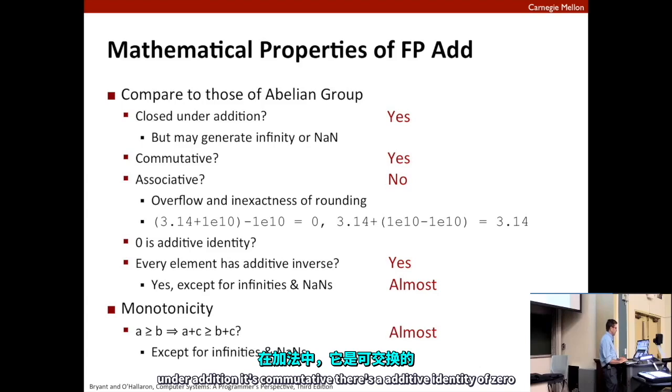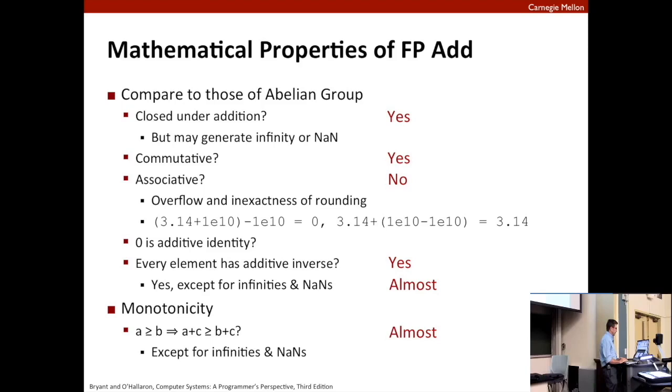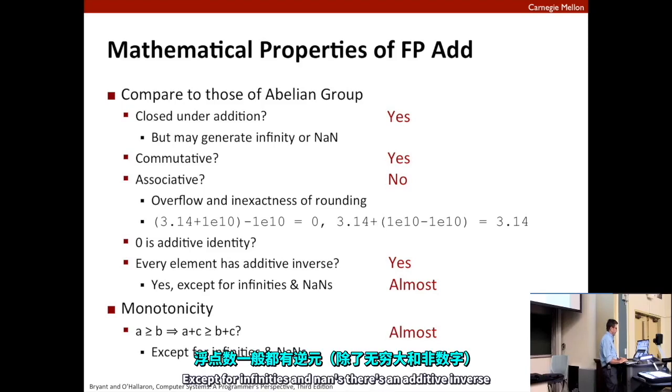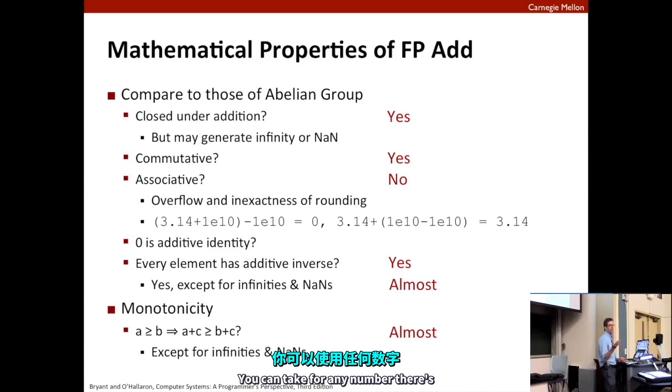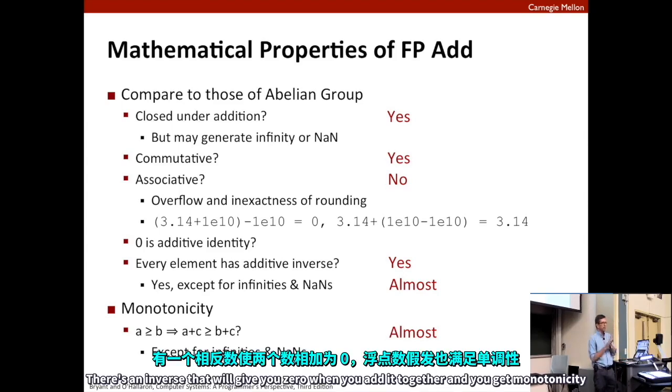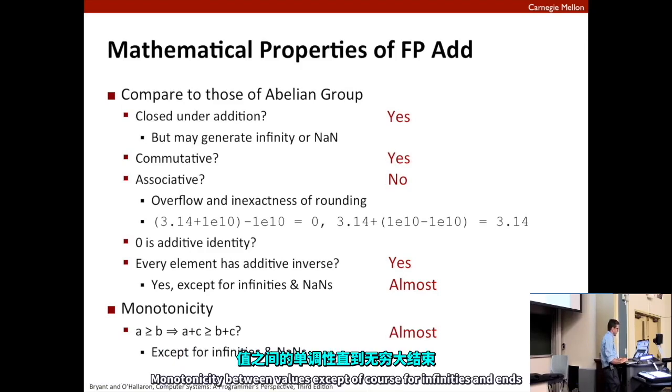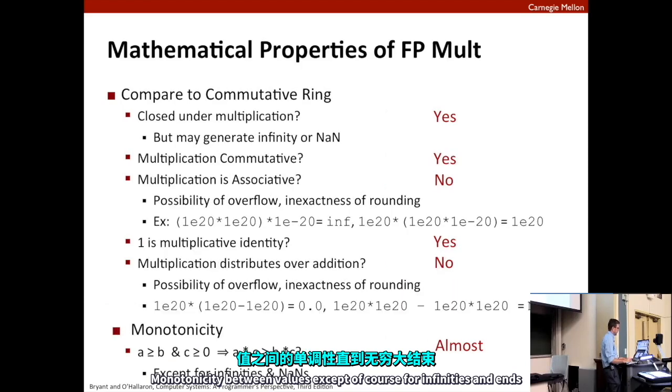Closed under addition, it's commutative, there's an additive identity of 0. Except for infinities and NaNs, there's an additive inverse. For any number, there's an inverse that'll give you 0 when you add it together. And you get monotonicity between values, except, of course, for infinities and NaNs.